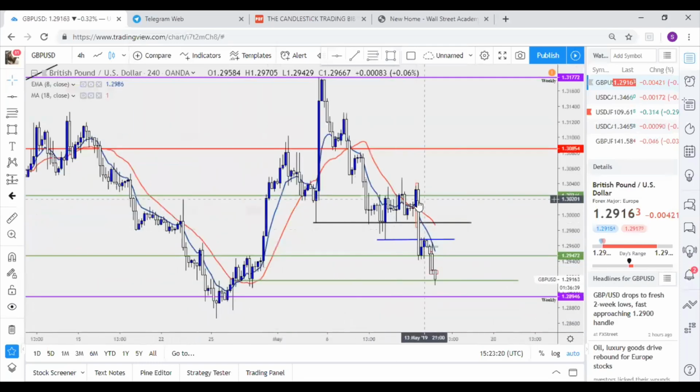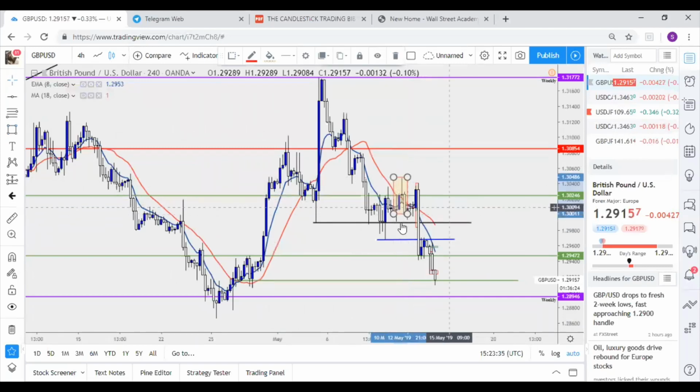At this 4 hour level of resistance, you already had a pin bar close, you already had a bearish engulfing, you already had this confirmation right here, which showed you the market was rejecting. You had confirmation already to take that setup. You see what I'm saying?